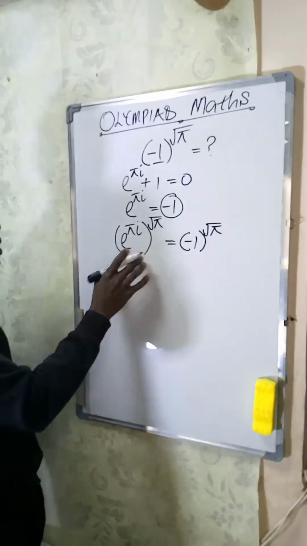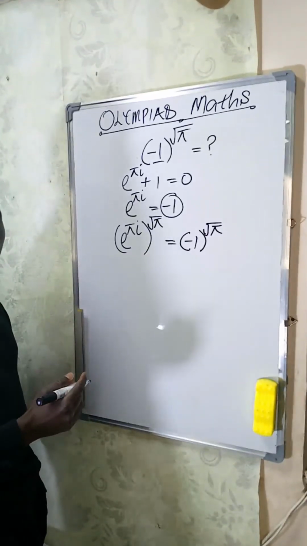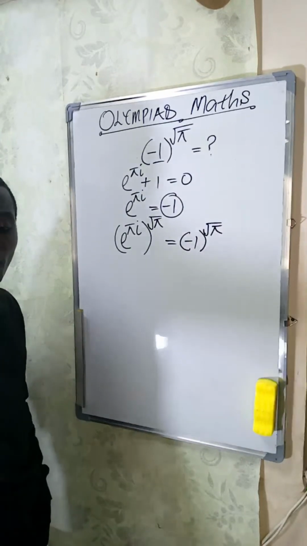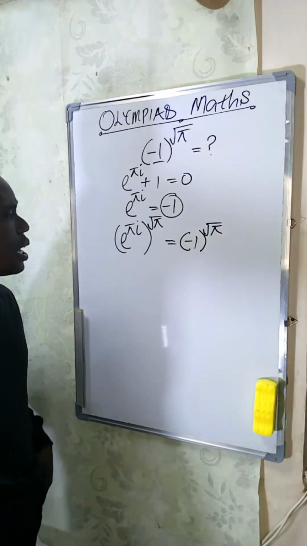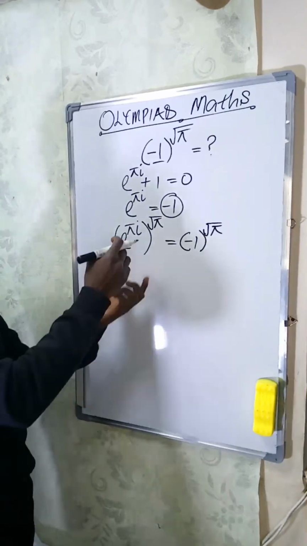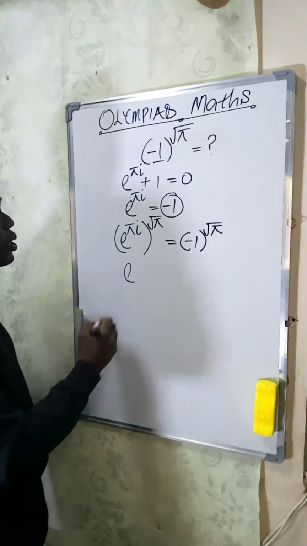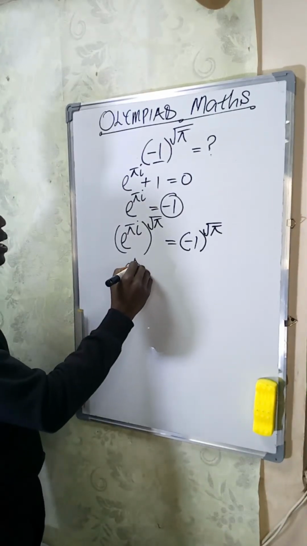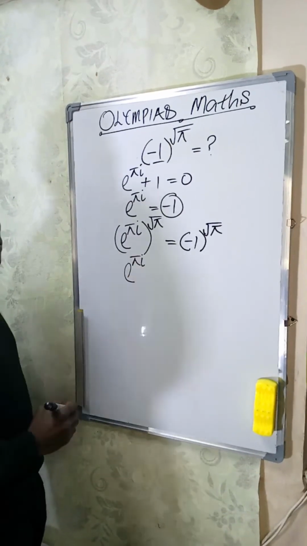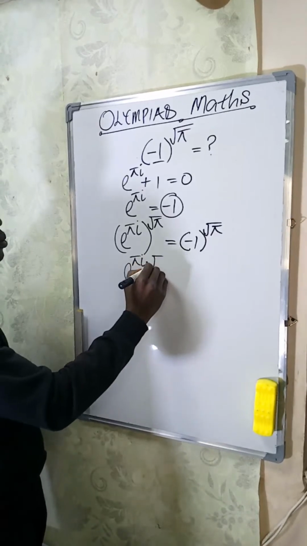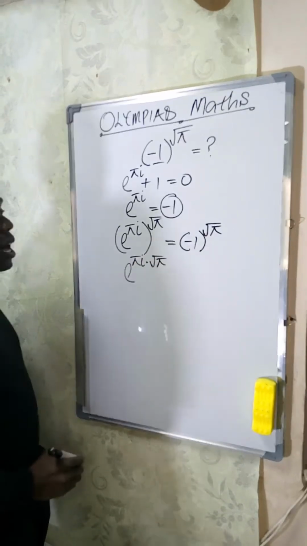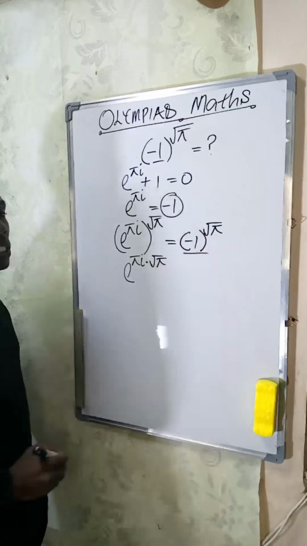Now if I simplify this expression, looking at the laws of indices, we're meant to multiply the exponent. So if I multiply the exponent, I'm going to have e to the power of pi i multiplying what? The square root of pi. And we'll remember that this will always be equal to this.